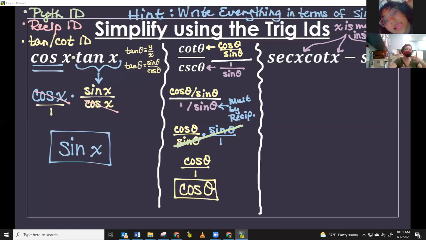So let's try rewriting these in terms of sine and cosine. How could I rewrite secant? Think about your reciprocals.